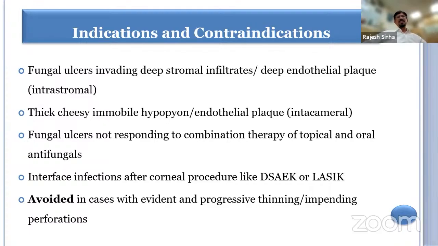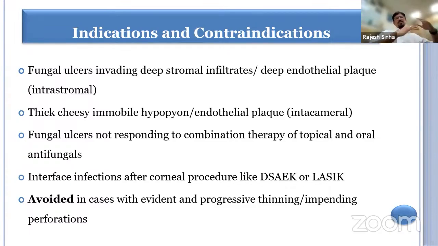Sometimes there are thick, cheesy, immobile hypopyons or endothelial plaques. There, you require intracameral or even intrastromal injections. Then there are some fungal ulcers which don't respond to combination therapy of topical and oral antifungals. There you have to use the targeted therapy of intrastromal and intracameral injections. Sometimes you do have interface infections wherein treatment doesn't work.